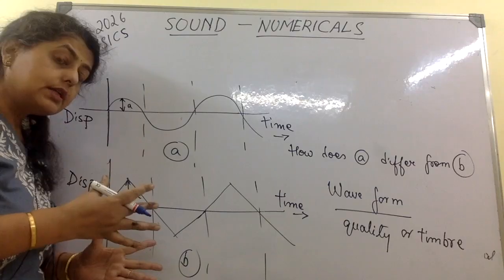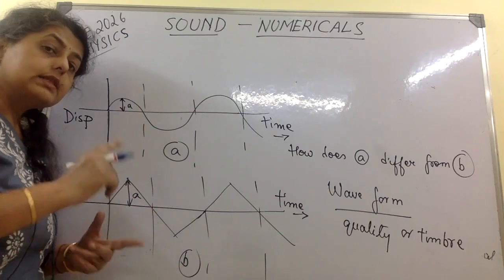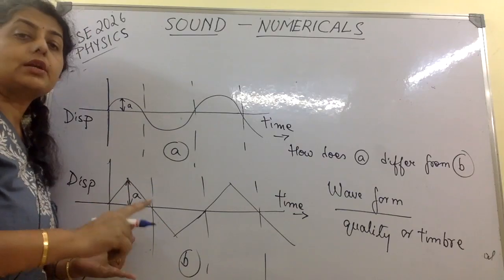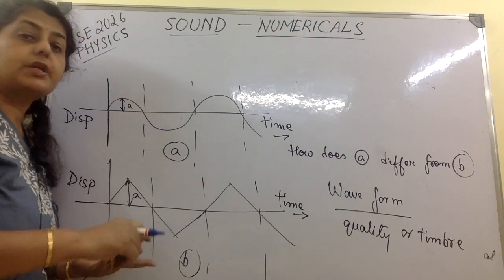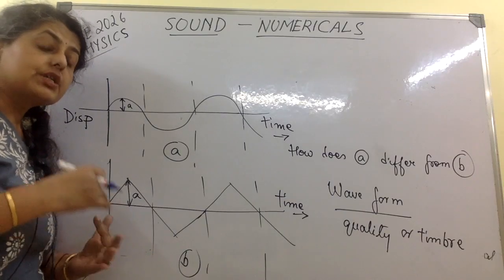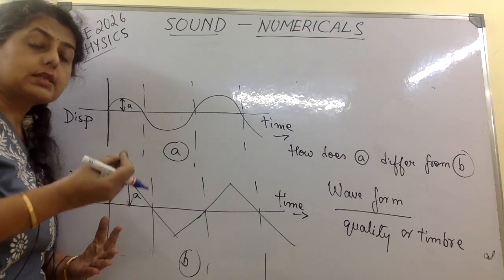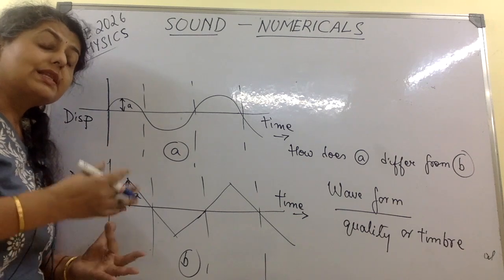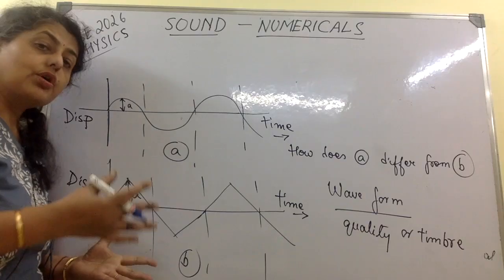Just by hearing the music, if you can tell this is a harmonium playing, or a tabla, a guitar, a santoor, or a sitar, just by listening to the sound, when we can talk about the source of the sound, that is quality or timbre.